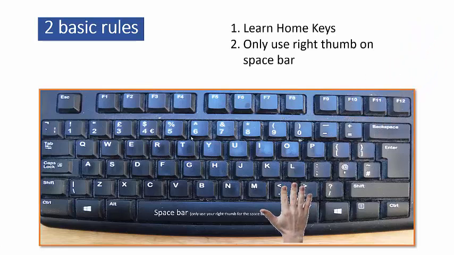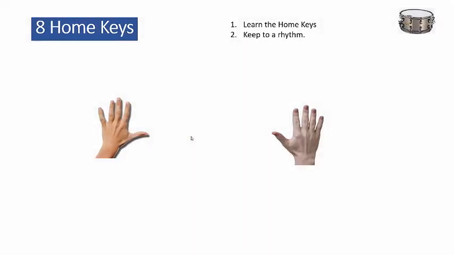Only use the right thumb on the space bar. All right. 8 home keys. Now I'm saying that you should learn the home keys, 1, and 2, keep to a rhythm.